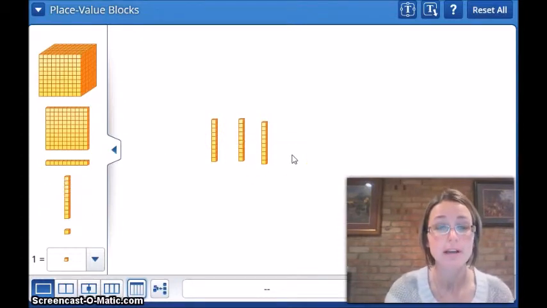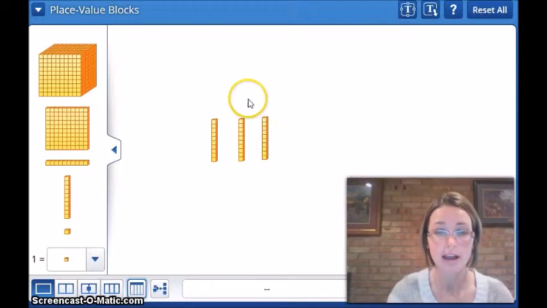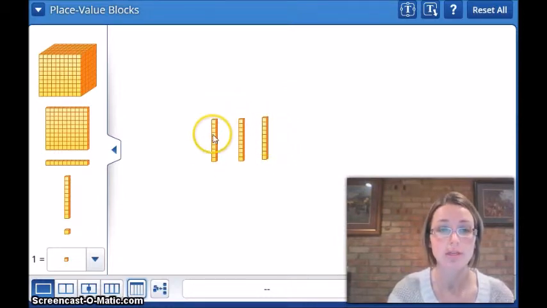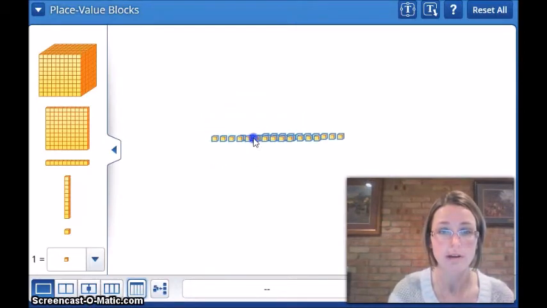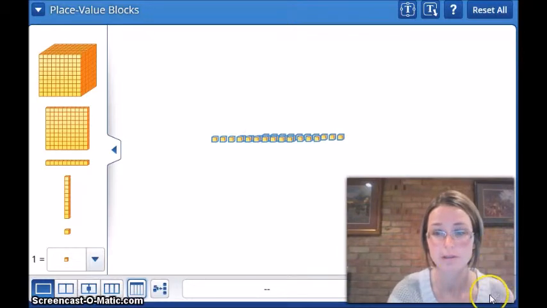Now, we have been working on counting by tens. So let's count, what value do we have here? 10, 20, 30. We have 30. If we were to break all of these apart with our hammer, it would show 30 ones cubes.